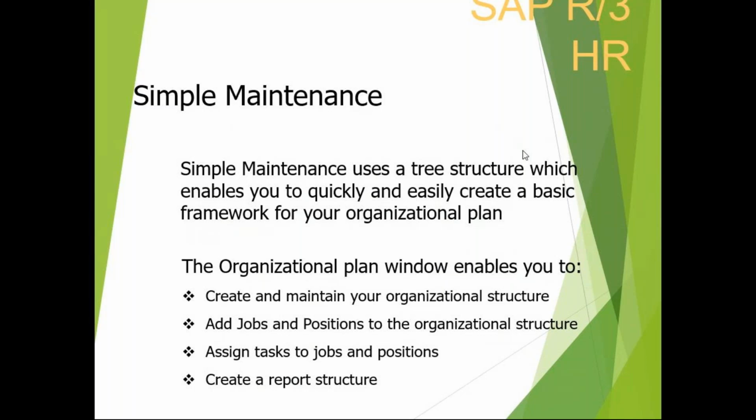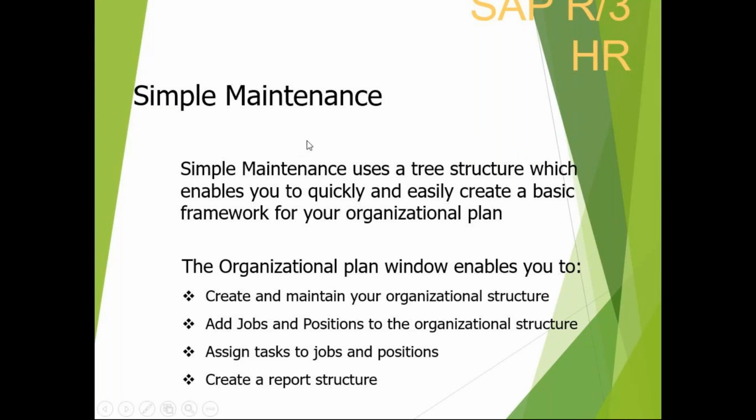Create and maintain the organization structure here. Add jobs and positions to the organization structure. Assign the tasks to the jobs and positions and create reports. This is very easy, and 90% of companies are following this only, and 10% of companies create their org structure with the organized staffing method. These two are very important.